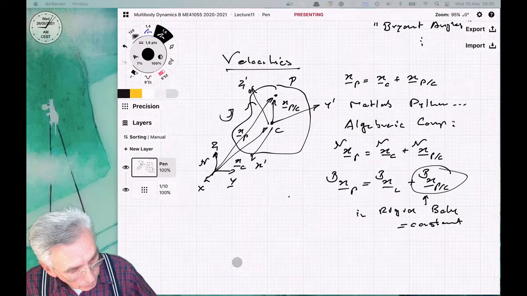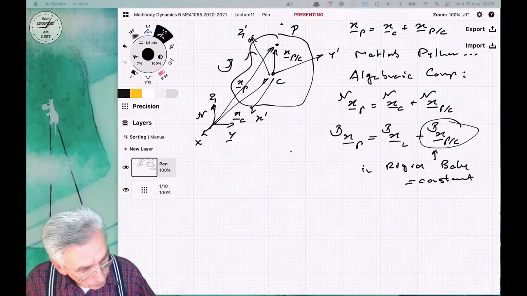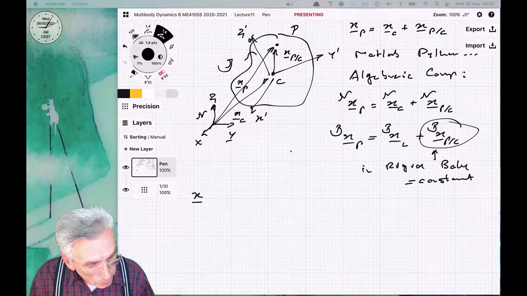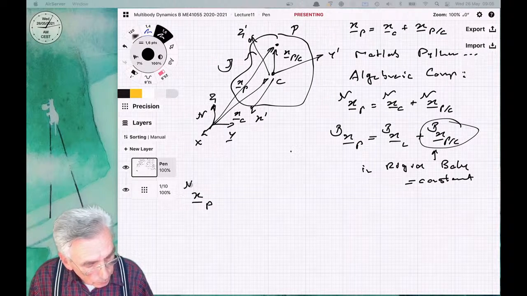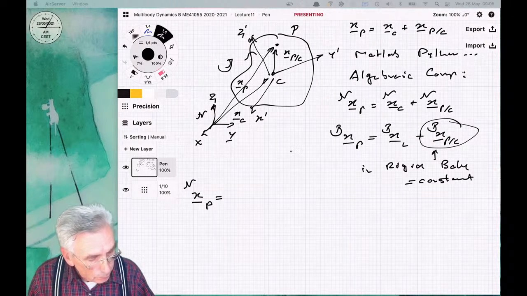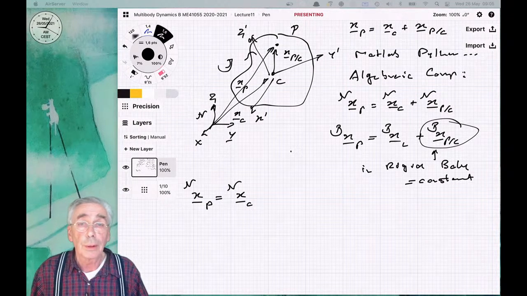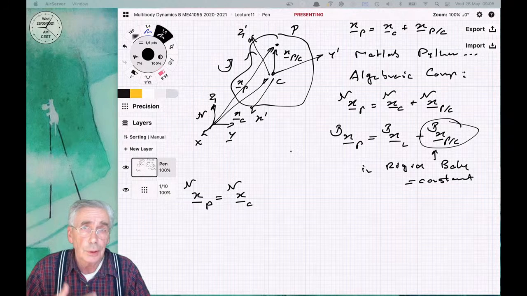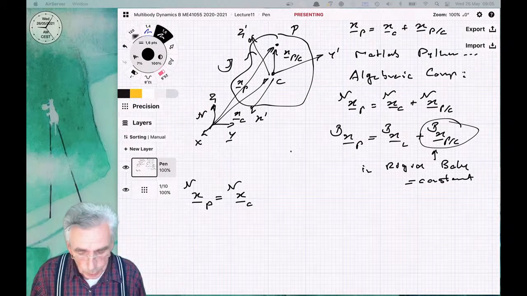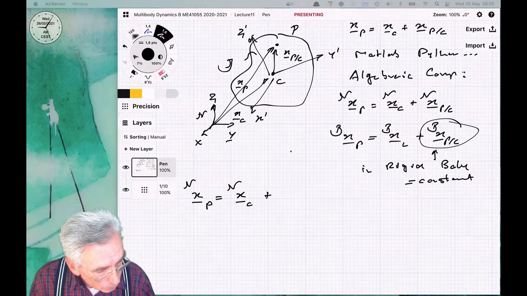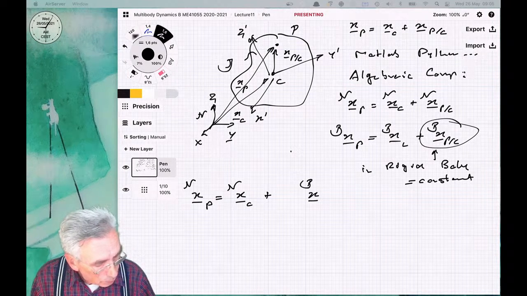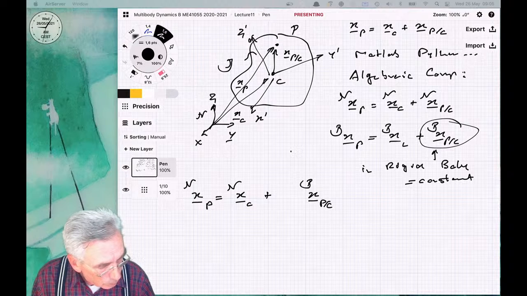Well, in the end, go back to here. You want to know the position in space in our inertial system, the algebraic components, and that is this guy, and that's usually what we use for calculation, x, y, z of the center of mass moving in this coordinate system. Then the other one we usually express in the body fixed frame, because it is a constant vector.